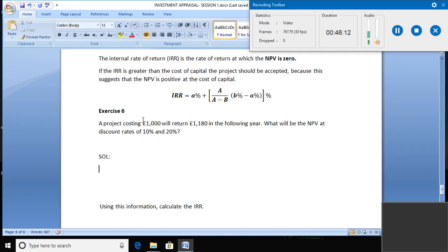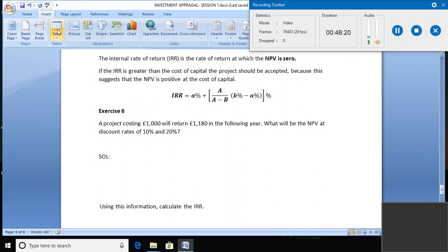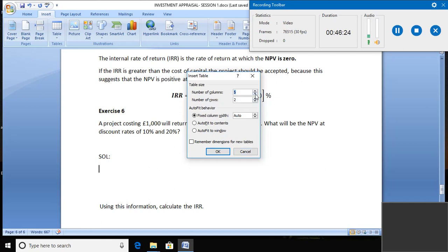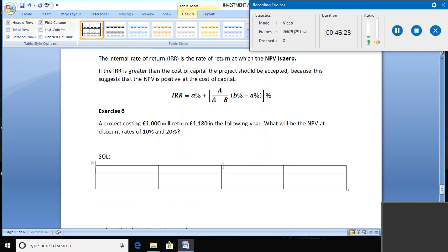Okay, since now we are just dealing with year 0 and year 1, we just need about 3 rows in the table. Let's insert the table. 4 columns, of course. 3 rows will be sufficient. So what we have in column number 1, that's the year.